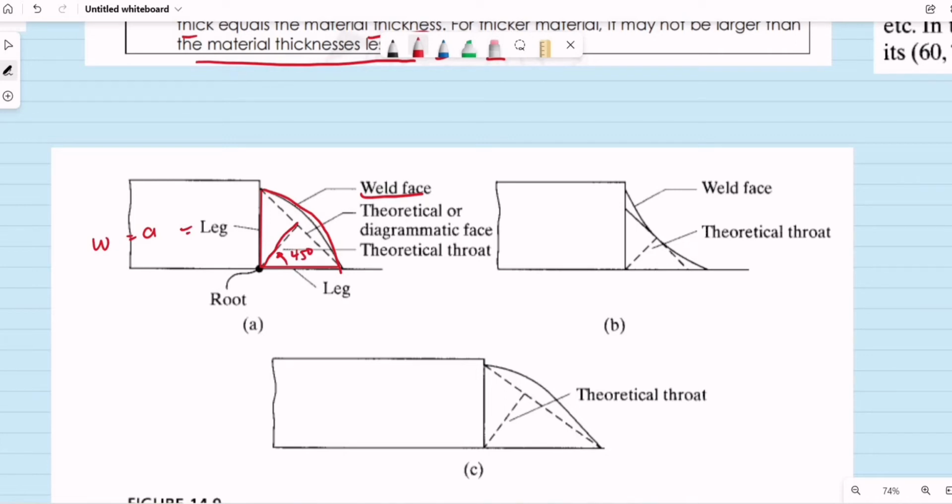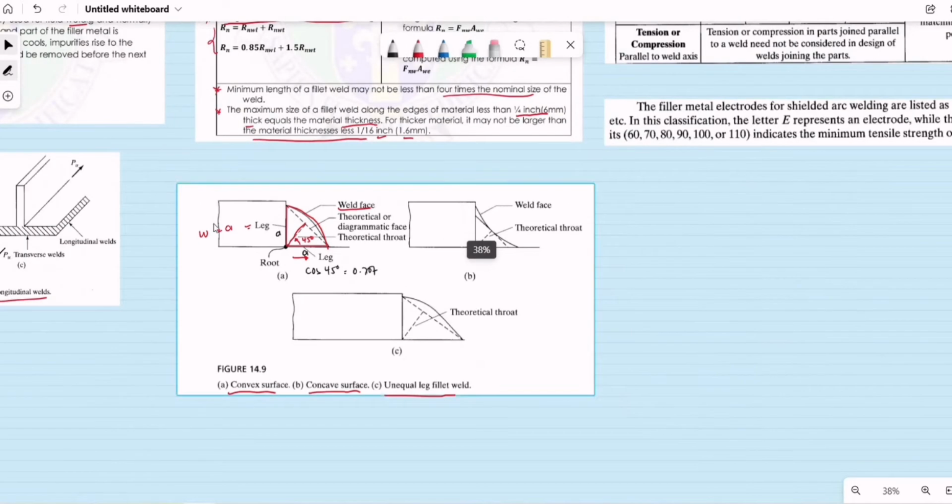So if we are to compute for its resistance or nominal strength, we'll be using the cosine of 45 degrees, which is 0.707 of the leg dimension of the side A. So, 0.707.